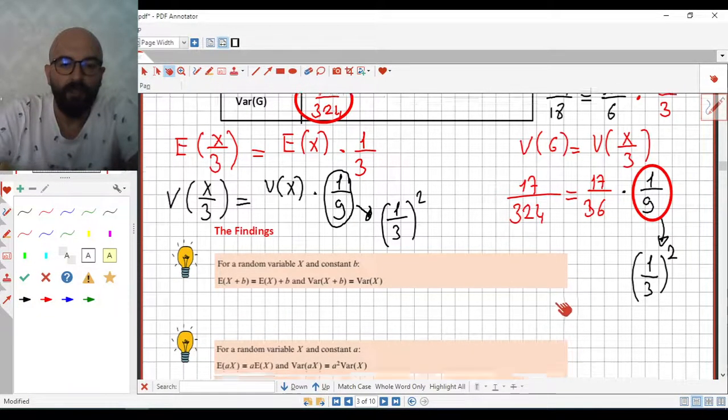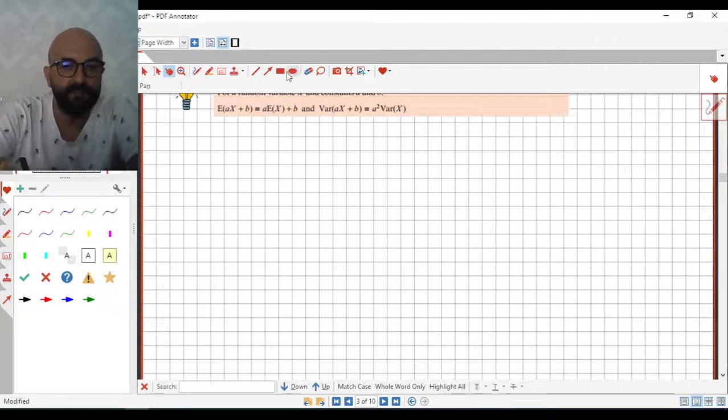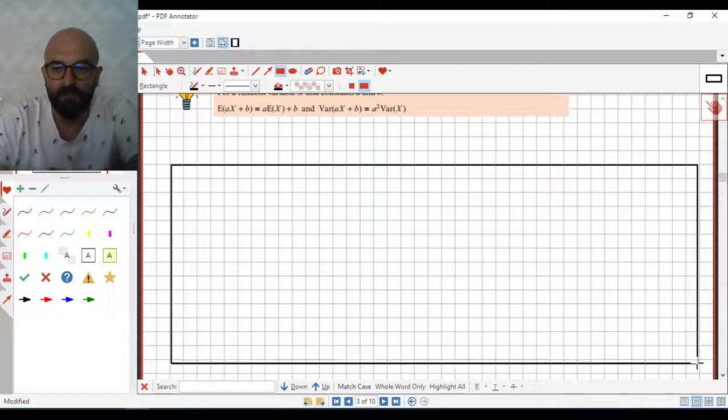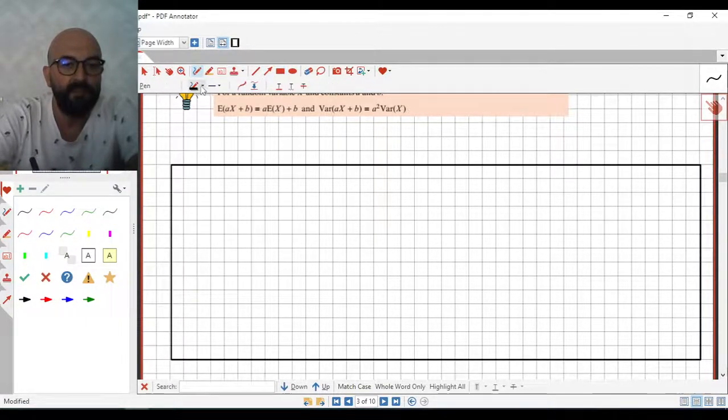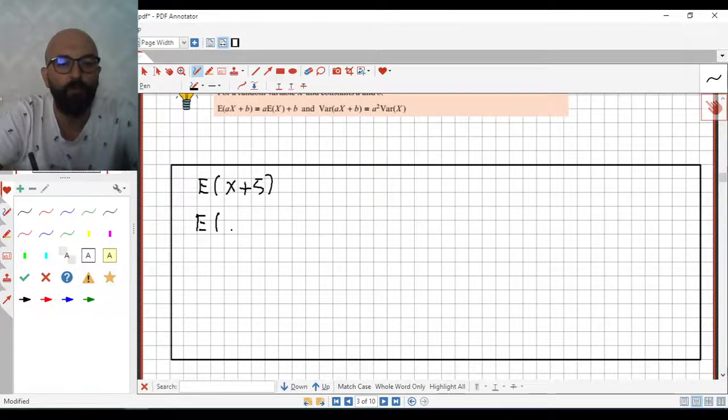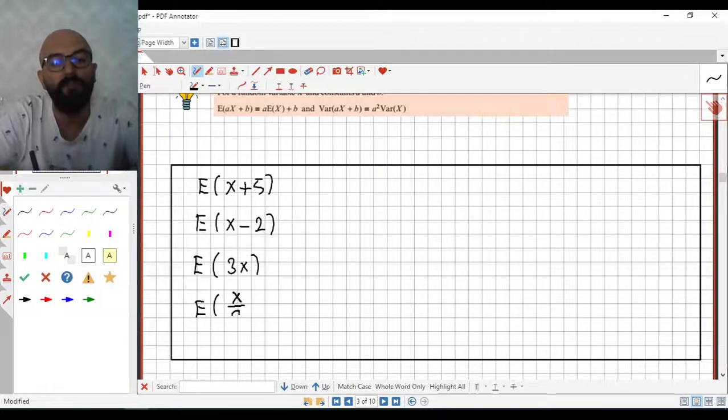So, as our finding, now I want to give some examples I created myself, for example the expected value of X plus 5, the expected value of X minus 2, the expected value of 3X, the expected value of X over 2.